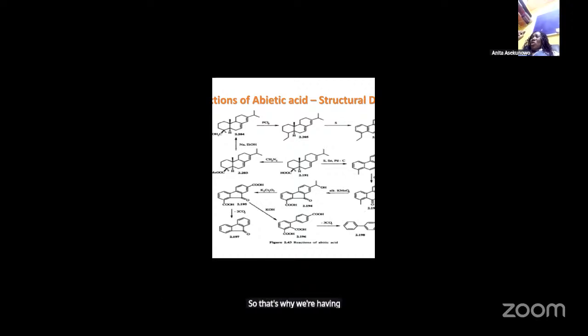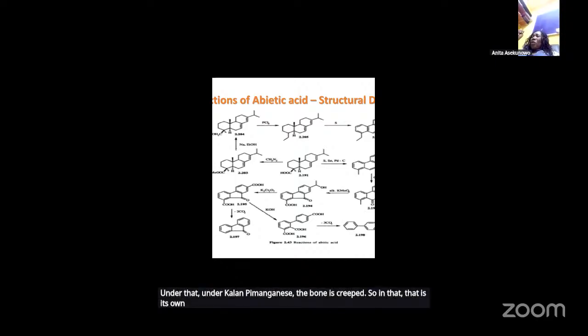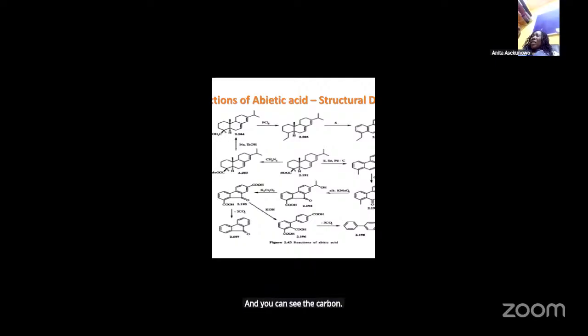That ketone undergoes oxidation again under alkaline permanganate, and the bond is clipped. When that ketone bond is clipped, you can see the terminal carbon of the ring becomes carboxylic acid. And when I do further oxidation, I'm going to form carboxylic acid at both ends, the first ring and the last ring.